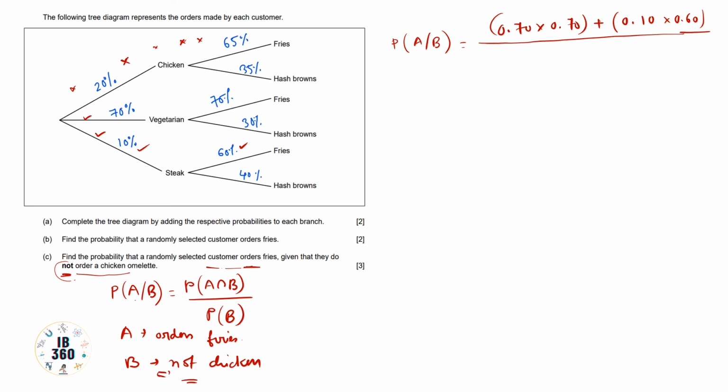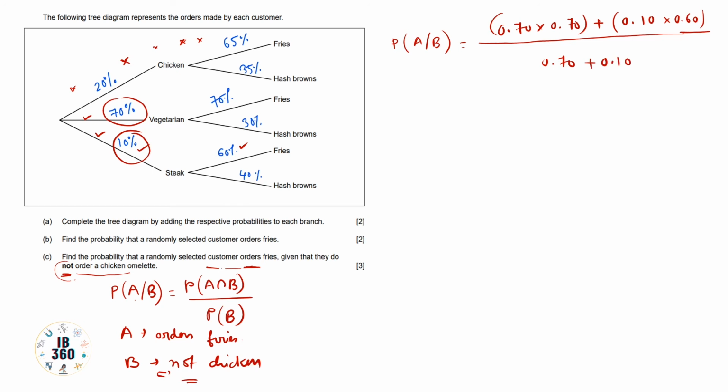So for not chicken, only these two branches we will consider, where there is no condition of fries and hash browns. So you will take only the premium values, that is 70% and 10%, the people who have chosen vegetarian omelette as well as stick omelette. So here it will be 0.70 plus 0.10.